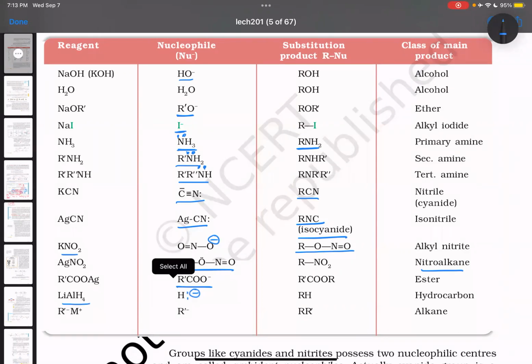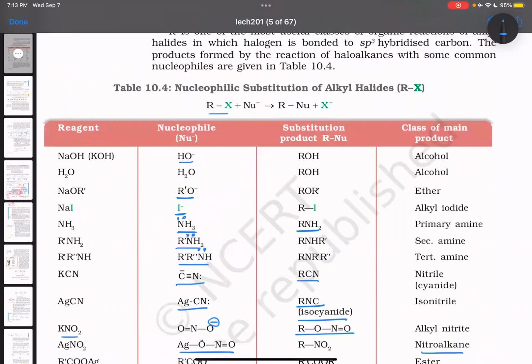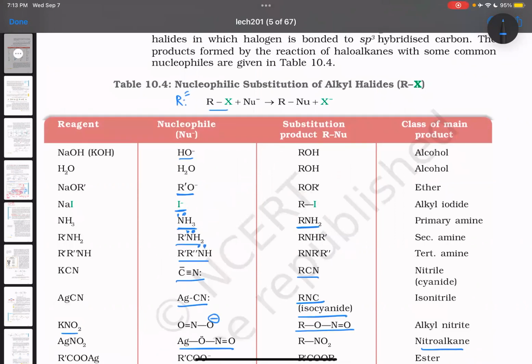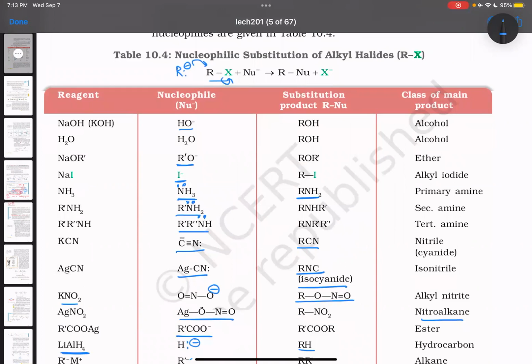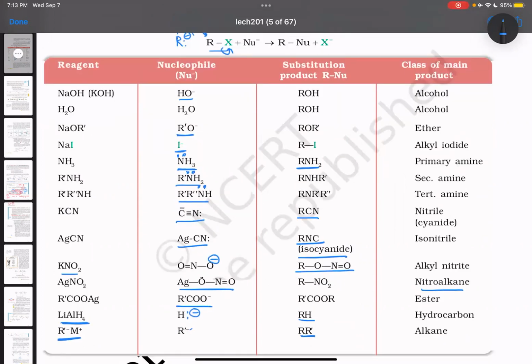H minus will attack and you will have RH. Similarly, if R' minus comes and attacks, you have R-R' form. So this is the table which gives us the list of nucleophiles.